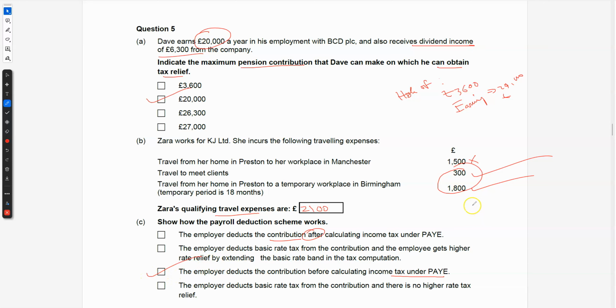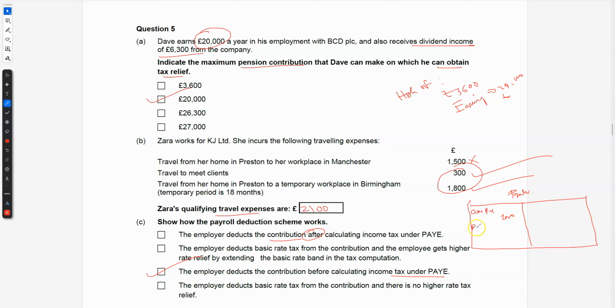If you look at your payslip, for example, on the left hand side is the gross pay. Let's say your gross pay is £1,000, and if you pay into the pension, what happens? The pension is deducted from this 1,000.